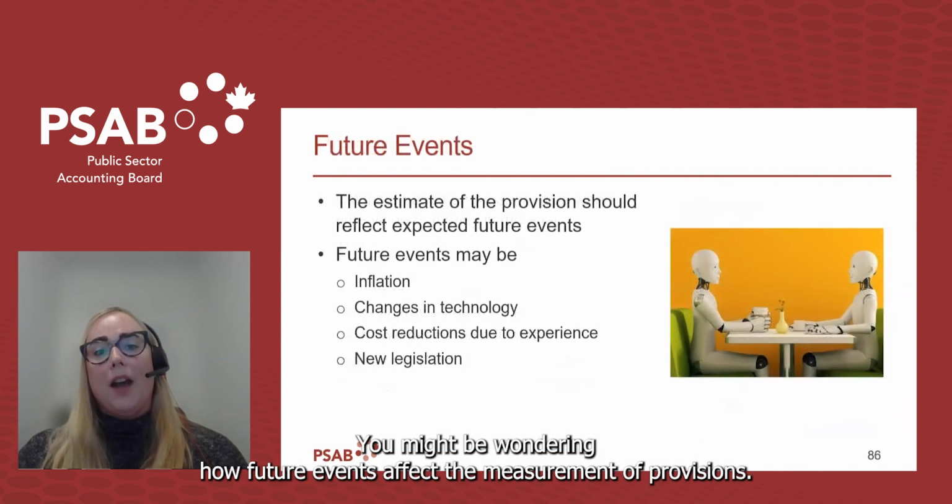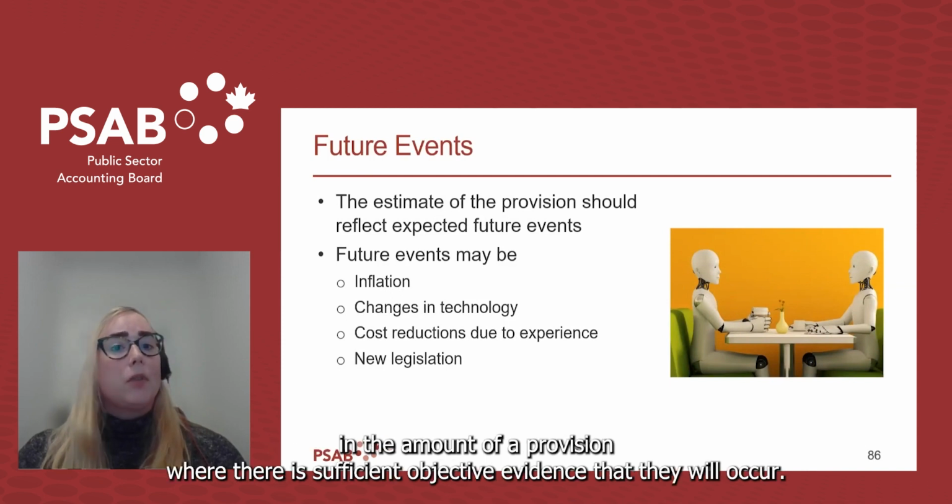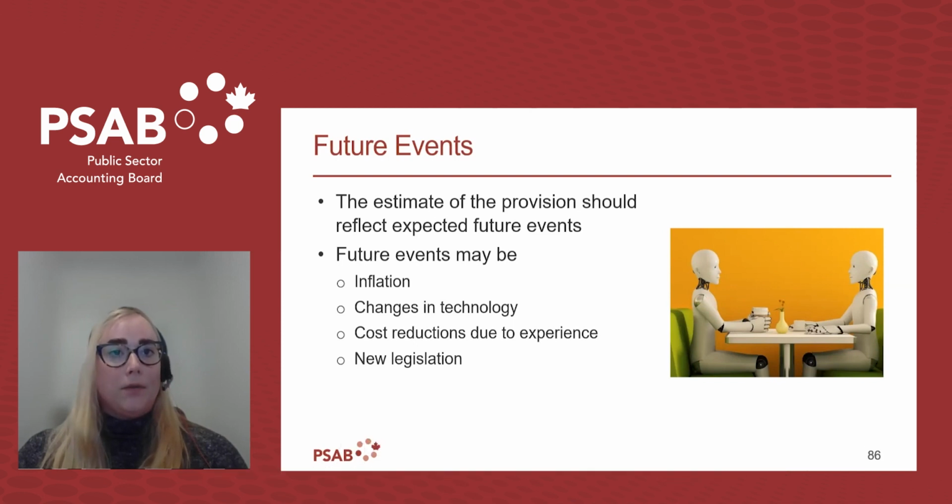You might be wondering how future events affect the measurement of provisions. Future events that may affect the amounts required to settle an obligation will be reflected in the amount of a provision where there is sufficient objective evidence that they will occur.